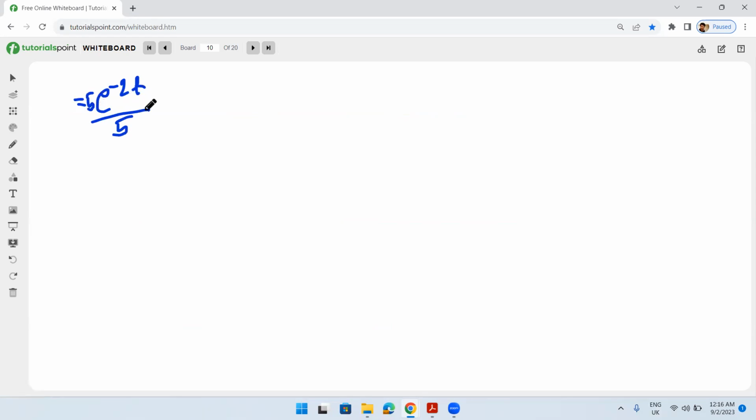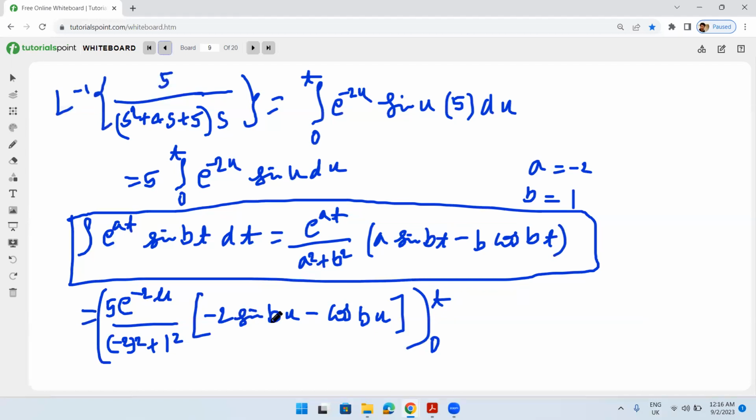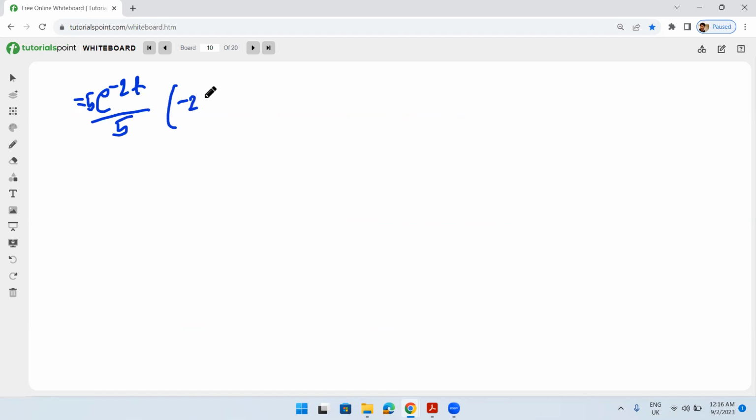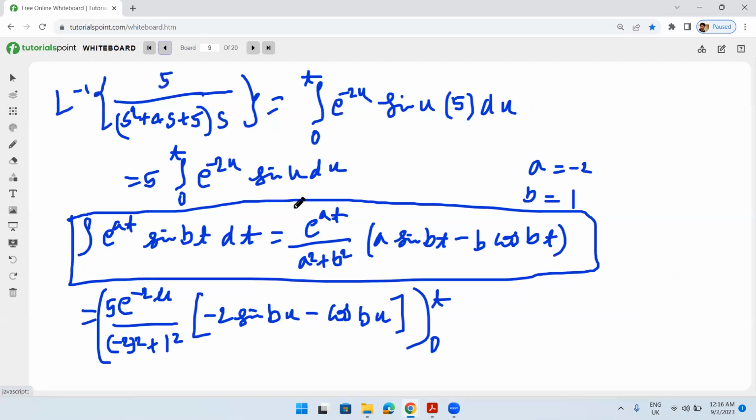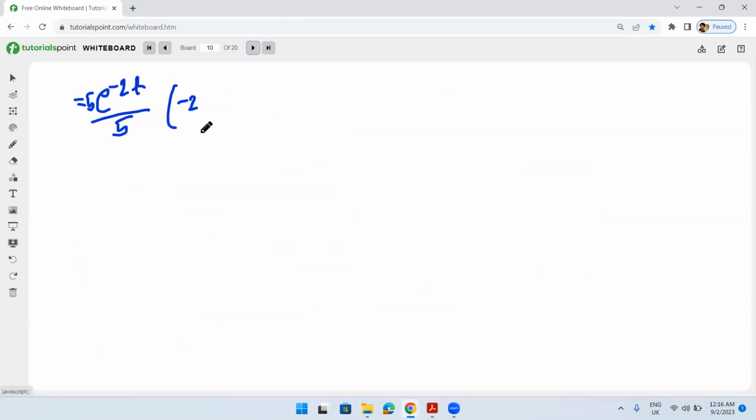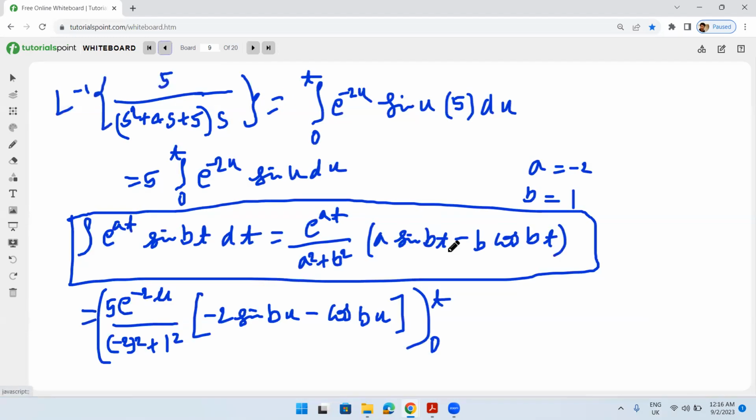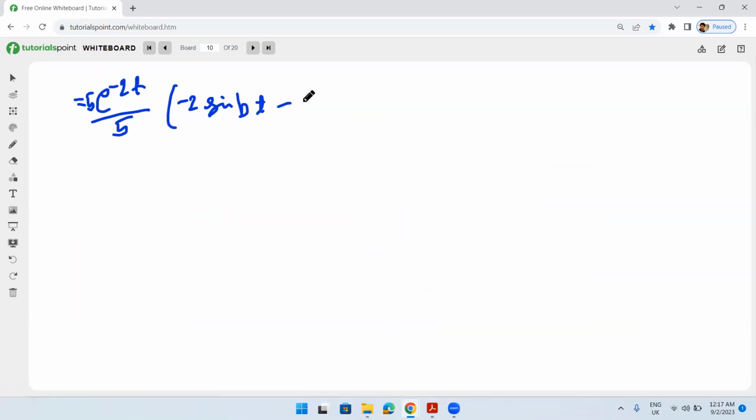So we get 5 into e power minus 2t by 5. And next here, minus 2 sine bt minus cos bt. This is upper limit.